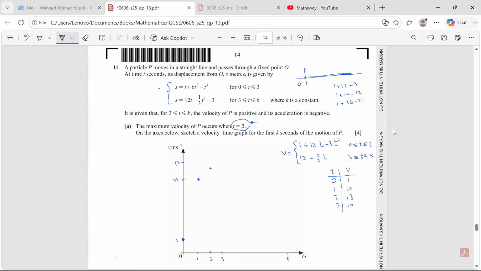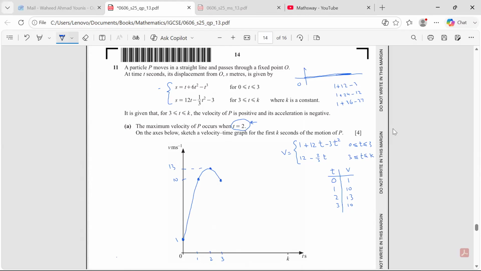And 3 is again 10. So you can imagine it's like a parabola which goes something like this. Let me correct this 13 and make it here. I hope it's clear that I sketched this first equation, which is from 0 to 3 seconds, like this.